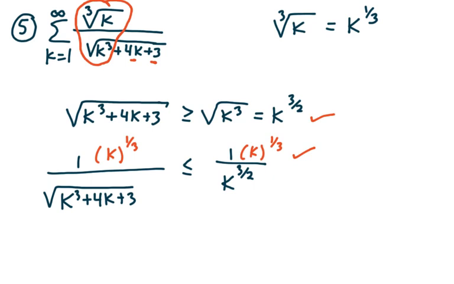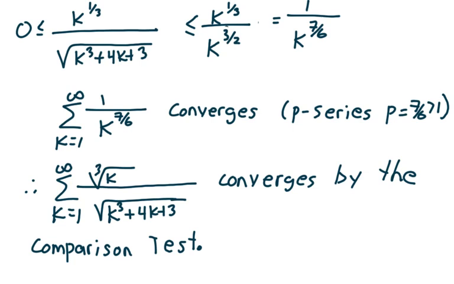Notice how k to the 1/3 over square root of k cubed plus 4k plus 3 is less than or equal to k to the 1/3 over k to the 3/2. So 0 is less than or equal to k to the 1/3 over square root of k cubed plus 4k plus 3, which is less than or equal to k to the 1/3 over k to the 3/2, which is equal to 1 over k to the 7/6.